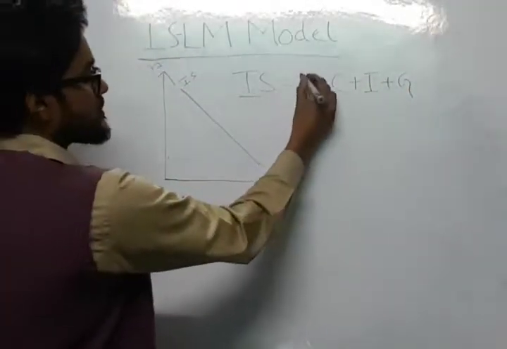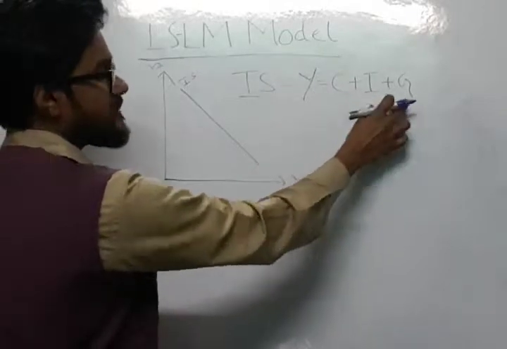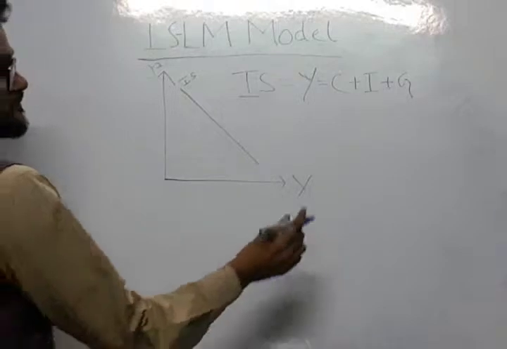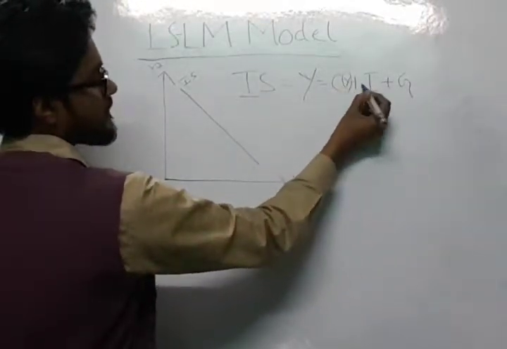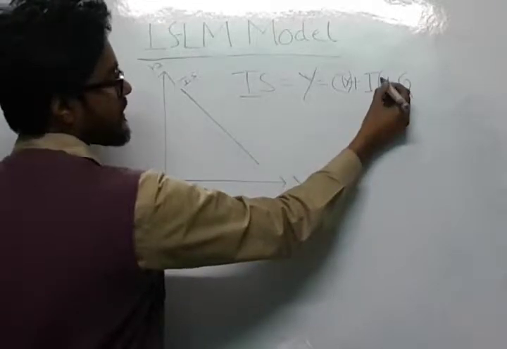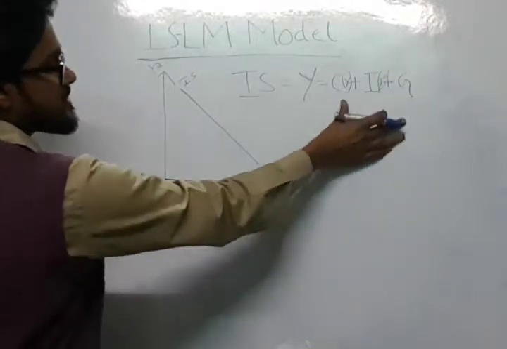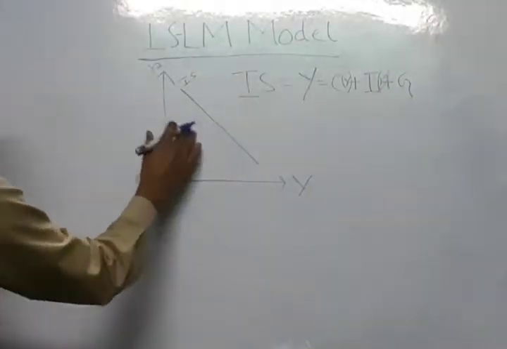So Y equals C plus I plus G. Now C depends on income, I depends on interest rate. So this is how we get the IS equation.